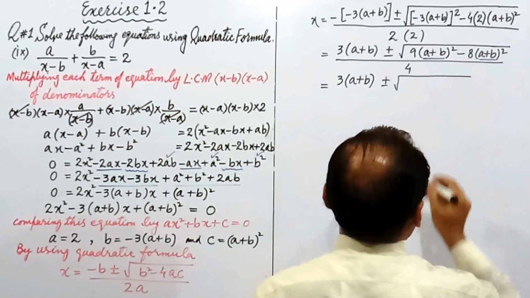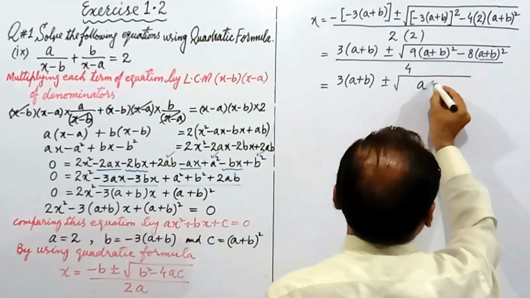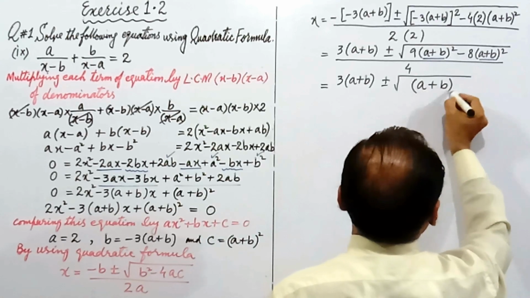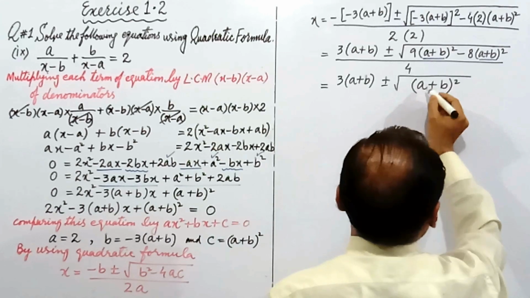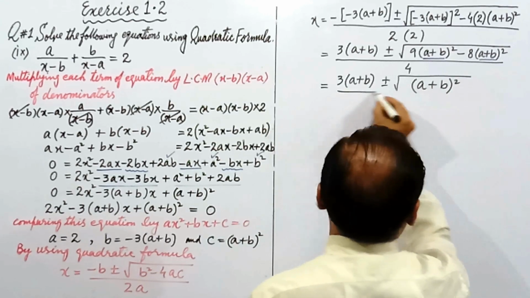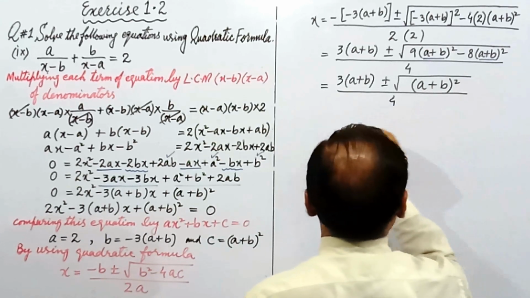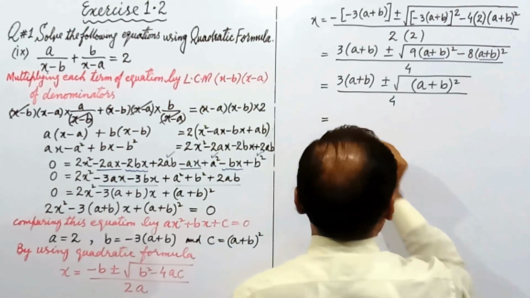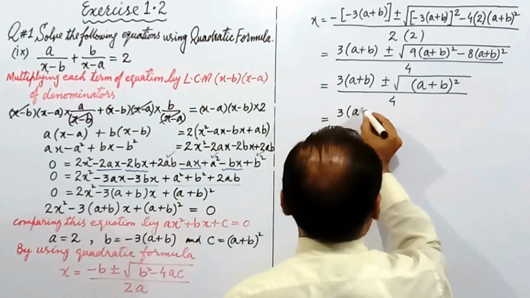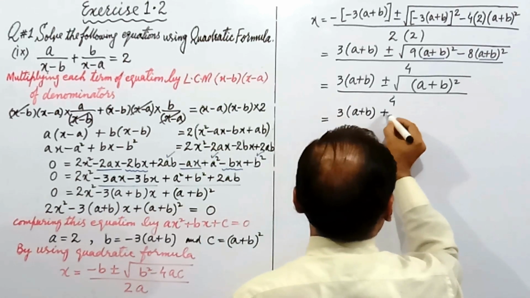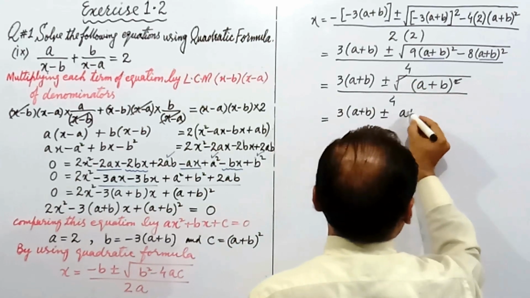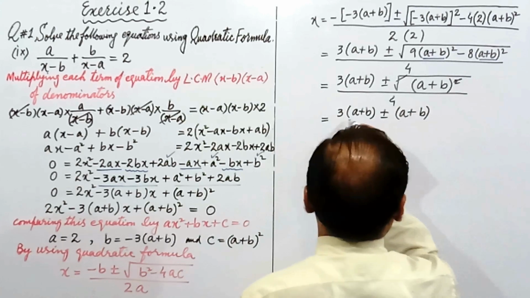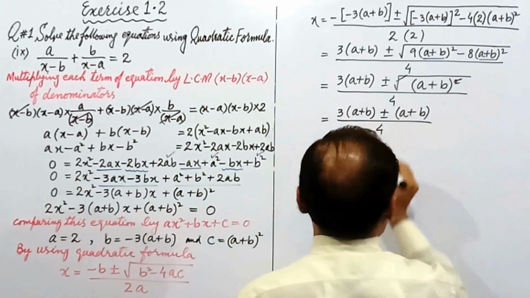There is no need to write 1, but we write a plus b whole square as 9 minus 8 is equal to 1, a plus b whole square, whole divided by 4. In the next step, 3 into a plus b plus minus, square is cancelled by square root. We have a plus b divided by 4.